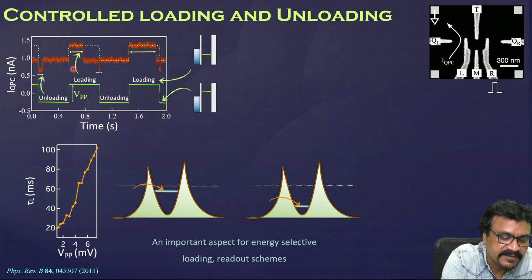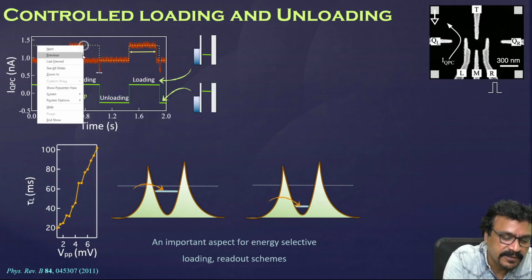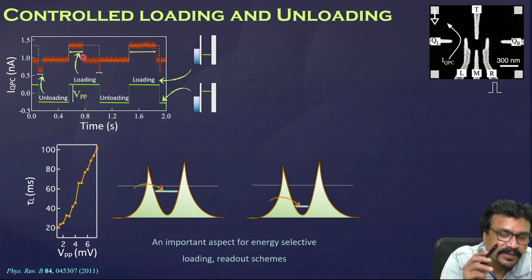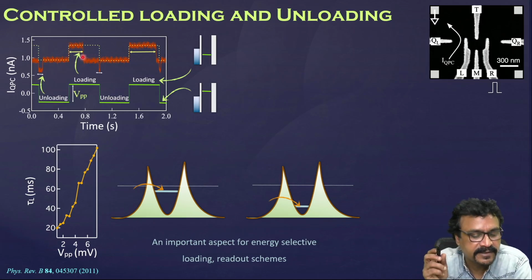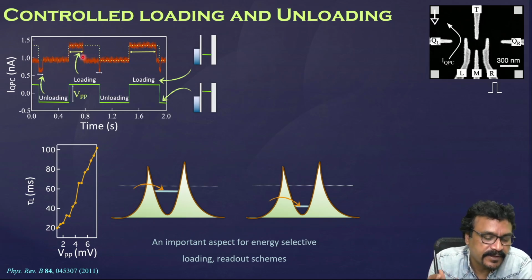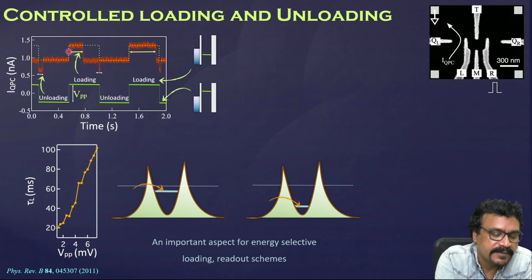What that means is QPC current will go up, but after some time the electron will load, then the current will come down. Okay? That is what is happening. So, the time taken after the rise and before the drop is the loading time.